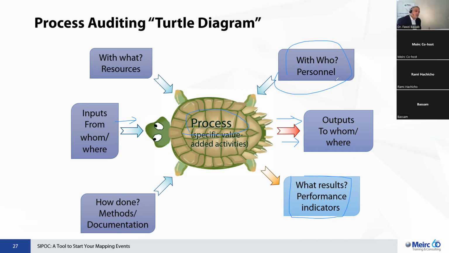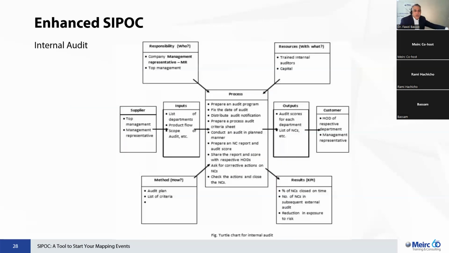So we can use it to examine any process. We can use it to collect information on any type of a process for the sake of improvement. But then when we bring the turtle and add it to the SIPOC, the tool that we just discussed, then we may start to have an enhanced SIPOC.